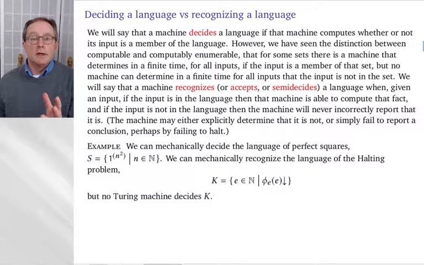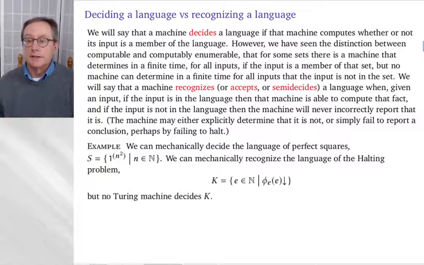If you give it 17 and the string 17 is not in the language, the machine will never incorrectly say yes, 17 is in this. The machine might explicitly determine that the thing is not in the language, or simply fail to report a conclusion.